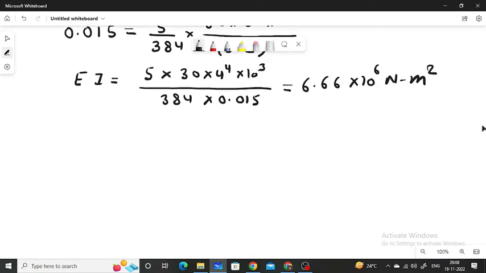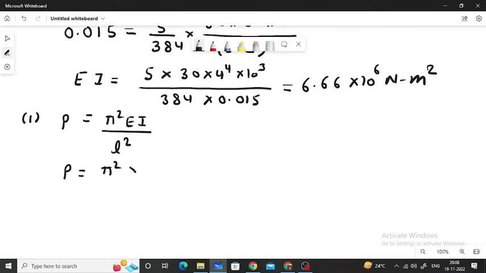This is the flexural rigidity of this beam, which is used as a column for different end conditions. First, when both the ends are pin jointed, in that case the crippling load will be equal to pi square EI upon L square.